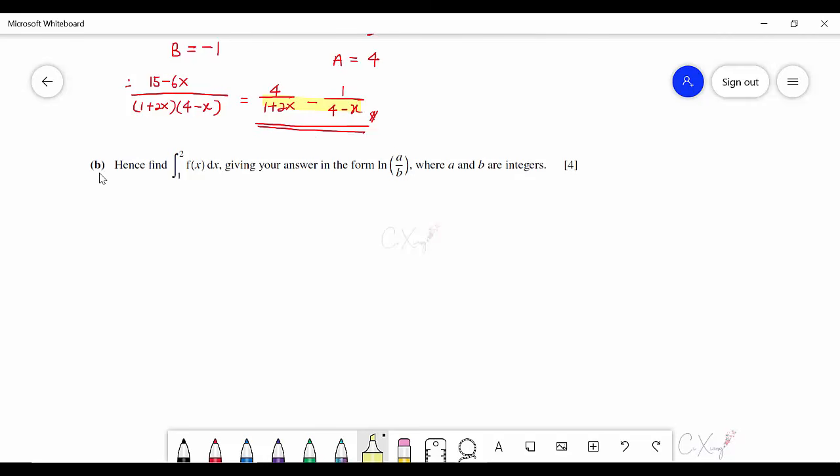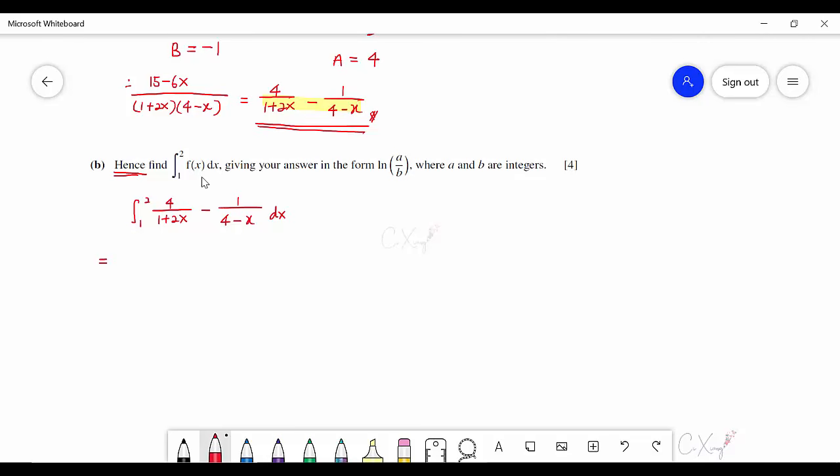Right, and the word hence tells you that it will be better if you use this partial fraction in applying the integration. So I'm having 4 divided by 1 plus 2x, then minus 1 over 4 minus x.